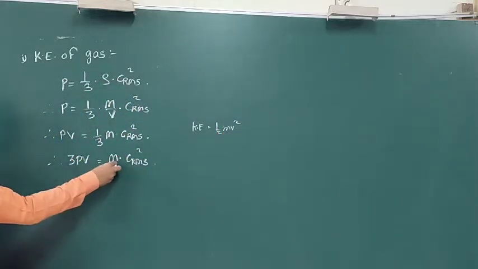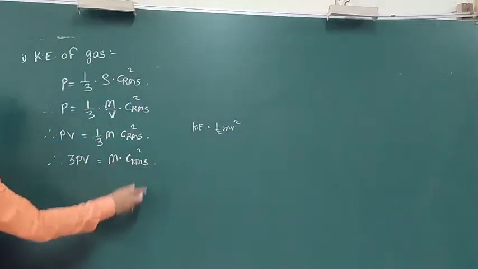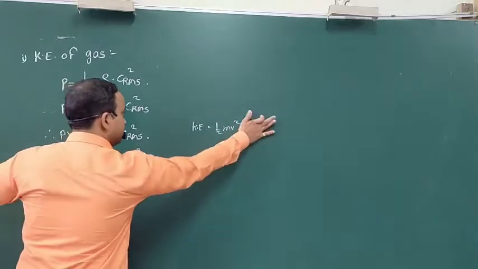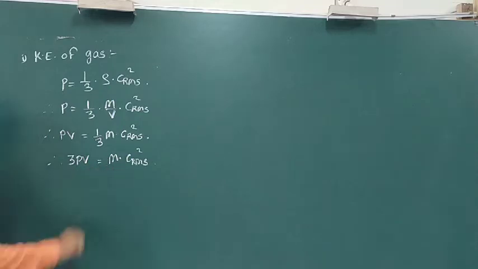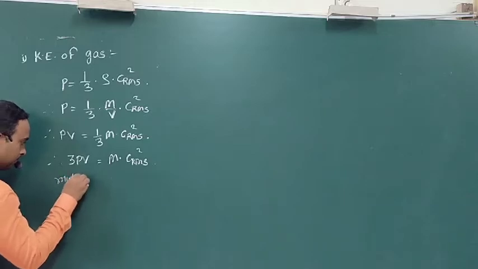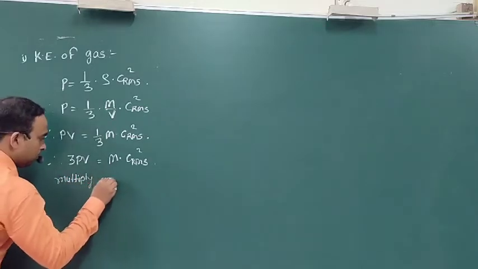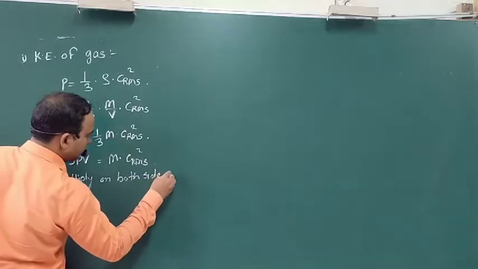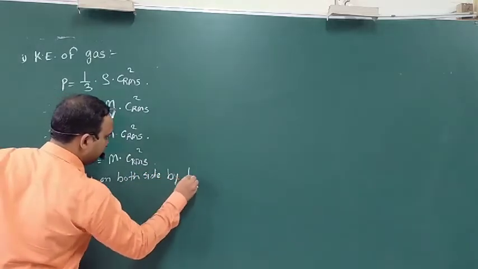Now see here, m into C RMS square. Okay, so arrange this half, we multiply on both sides by 1/2.